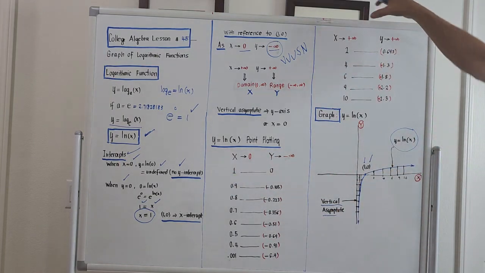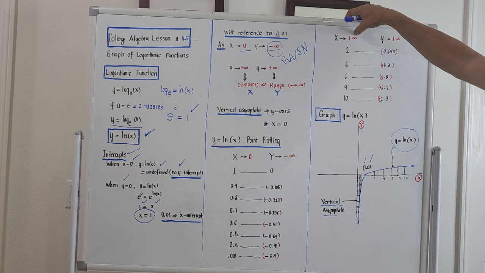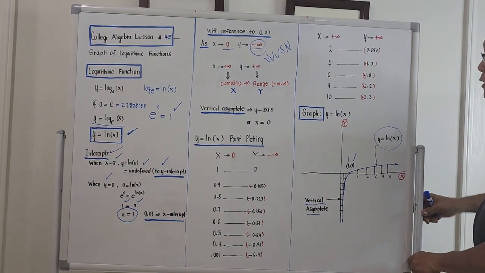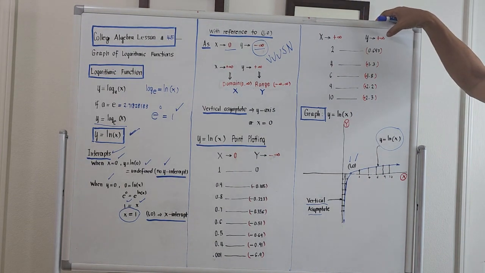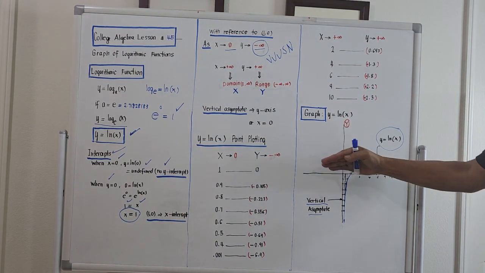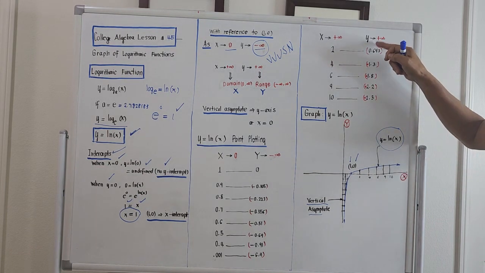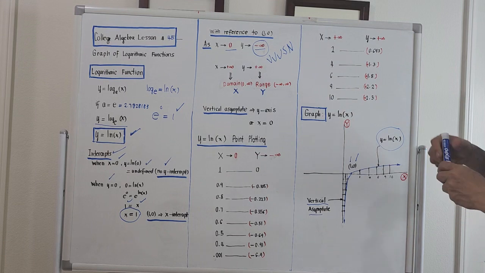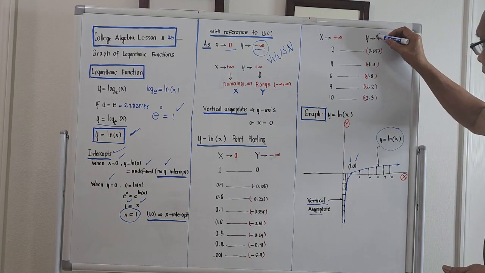As x approaches positive infinity, y also approaches positive infinity. Meaning, as x moves from 1 going to the right, the value of y, whether we like it or not, will also increase. It will also approach positive infinity.